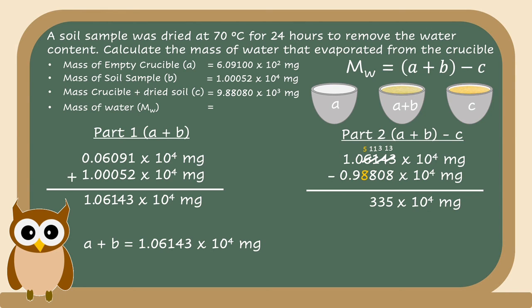Here we need to convert our 1 into 10 tenths, and then borrow a tenth to get 10 100ths. And now 15 minus 8 gives us 7. From here, the rest of the subtraction gives us 0.